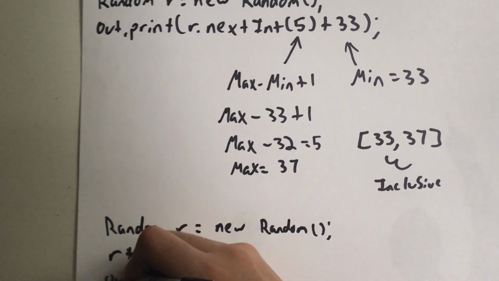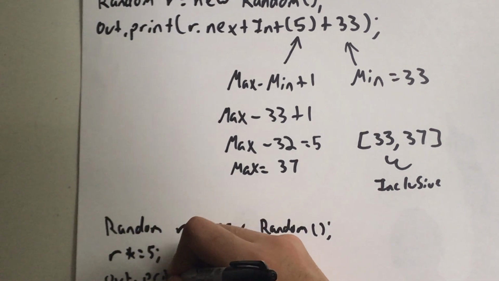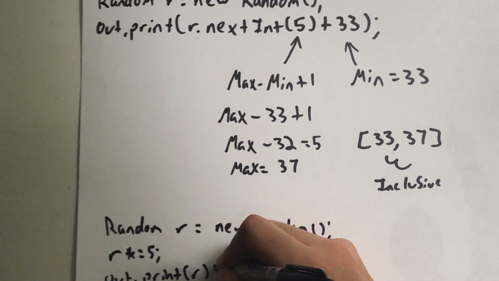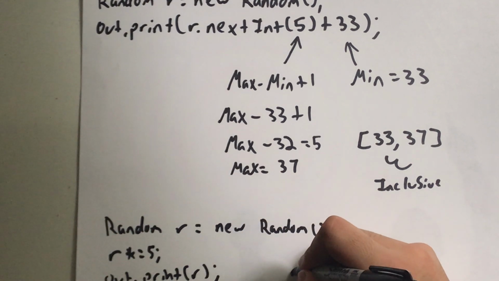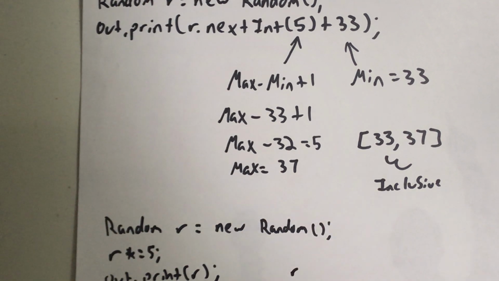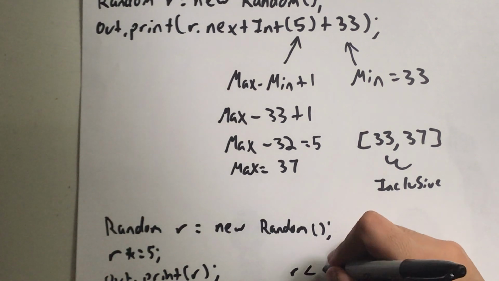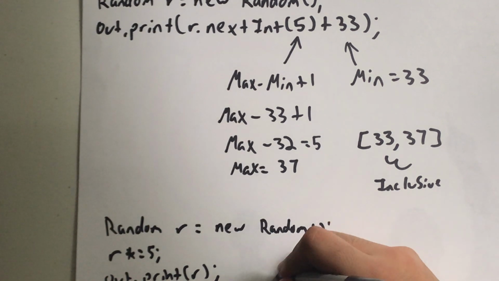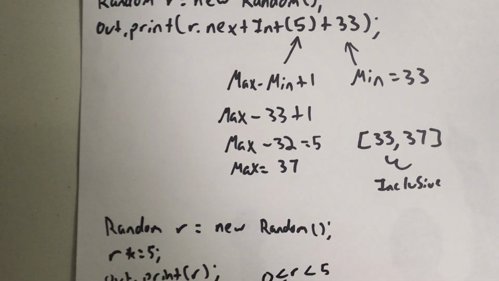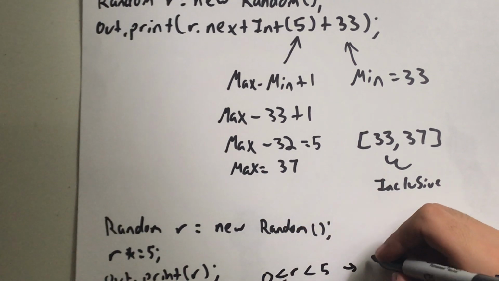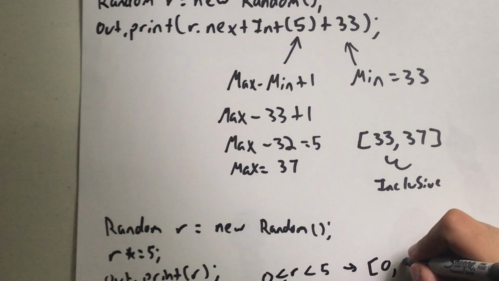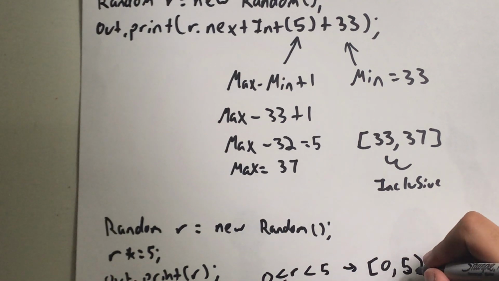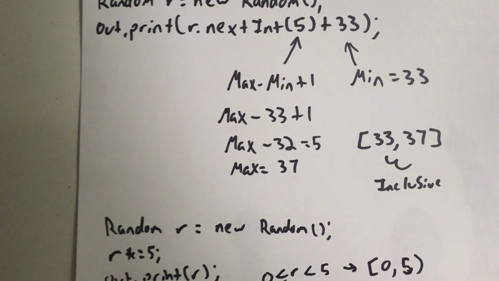And you're gonna print r, then r is gonna be from the interval of 0 to 5, right? 0 is inclusive, the 5 is exclusive. And yeah, that's pretty much it for the math class.